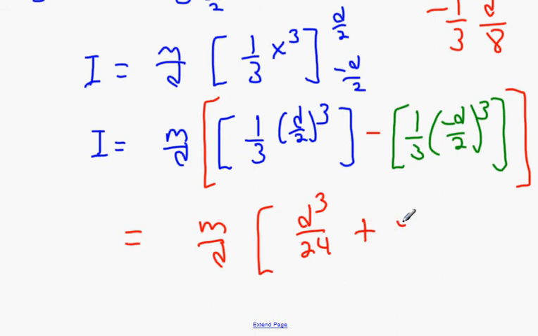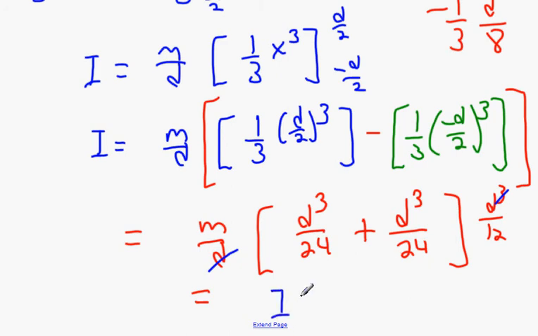That's going to be 2d cubed over 24, which is the same thing as d cubed over 12. Put it back inside. The d's will cancel. That d will cancel with that d. And what I'm going to be left with is I equals md squared over 12.